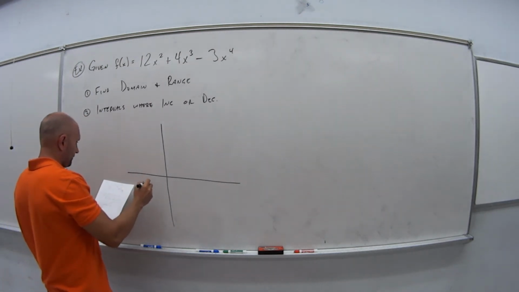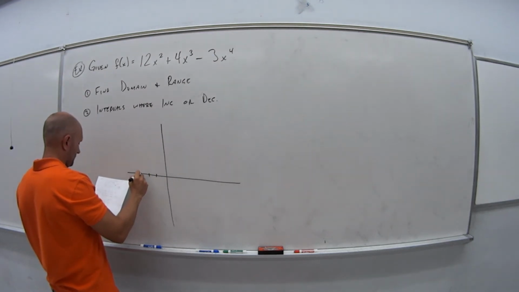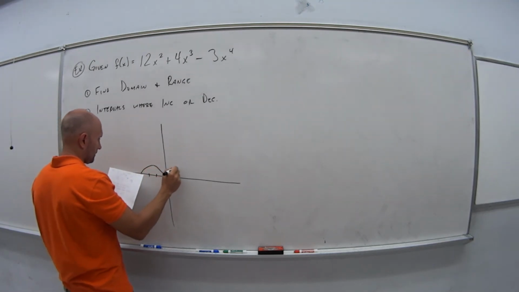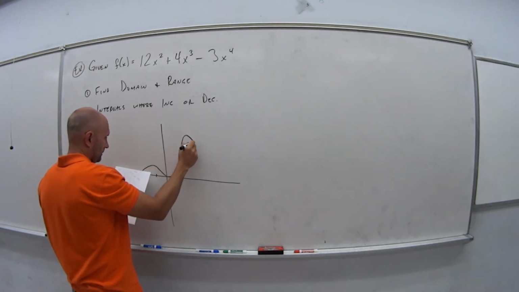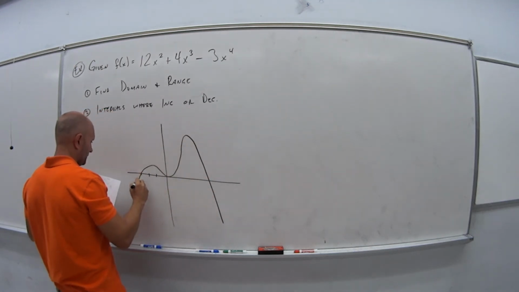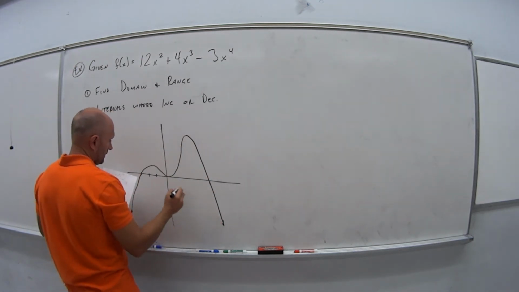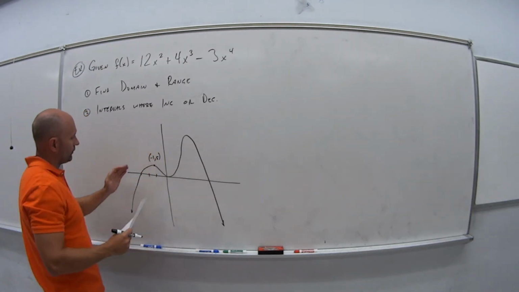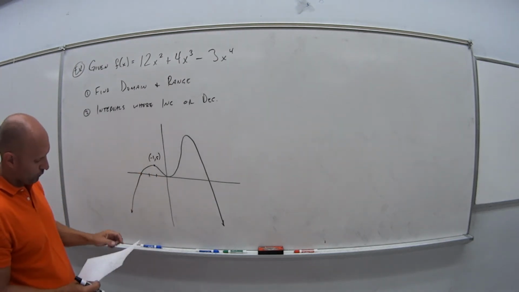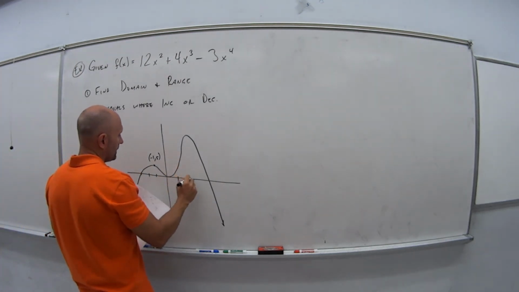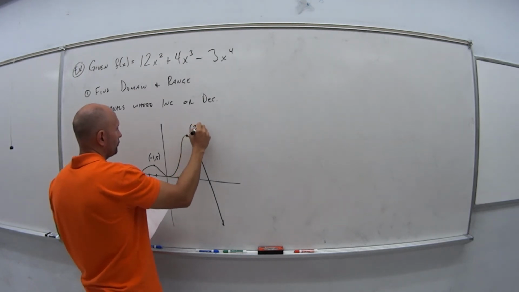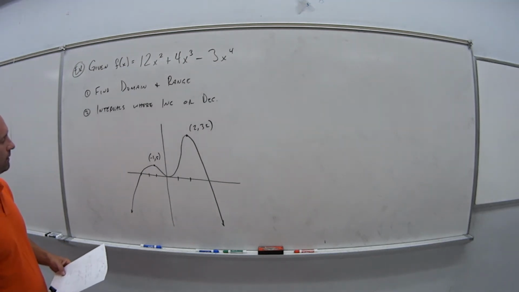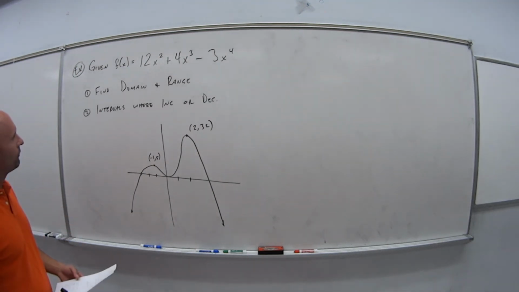But if I was to graph this, the top of this little hill here is (-1, 5), and over here, this value is 32. And then it goes off to -infinity on both sides.